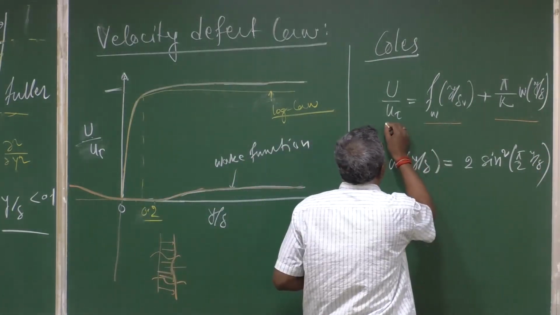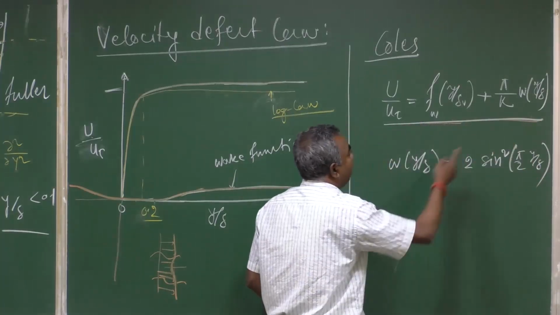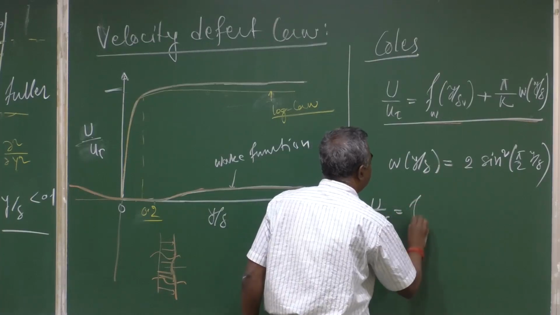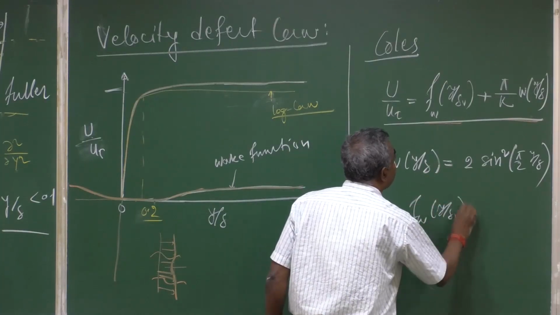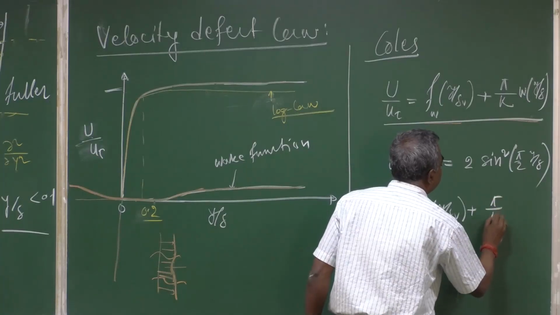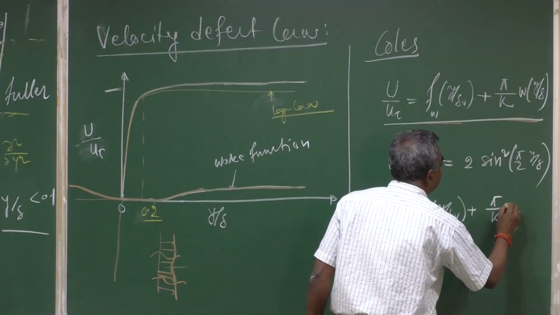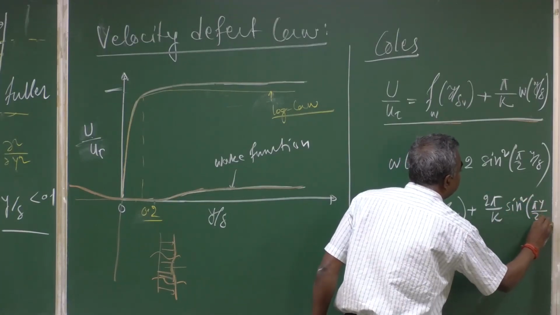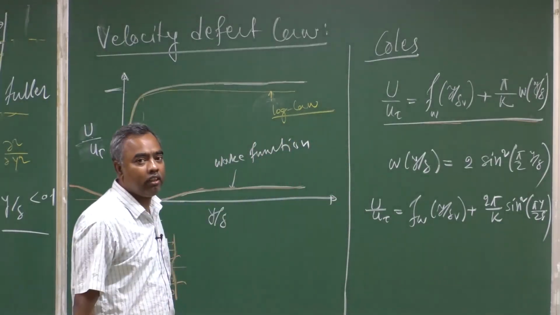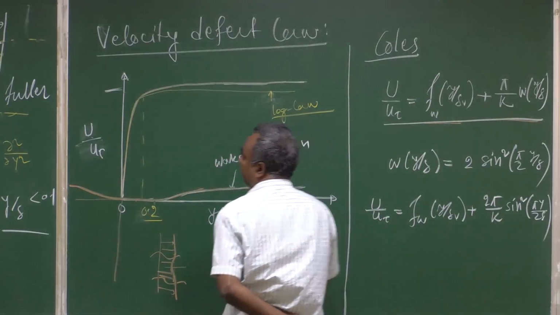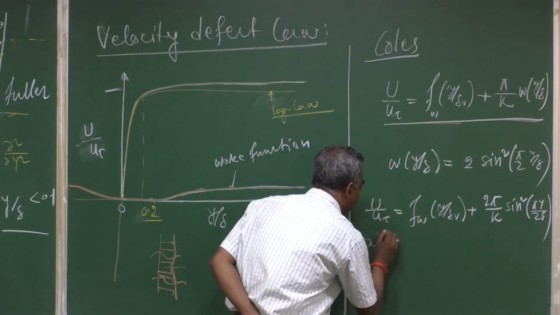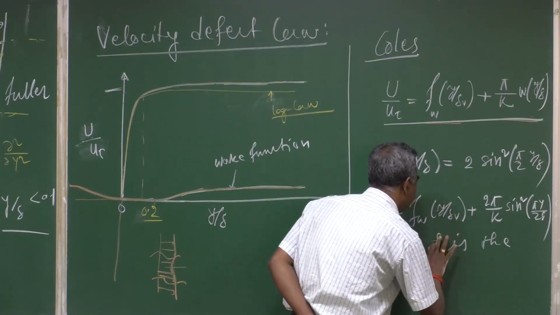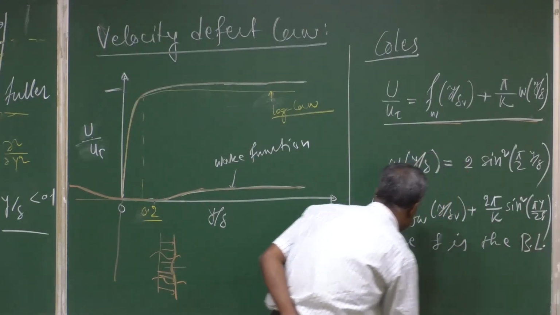So, that means this particular function can be written as u by u tau equals f w of y by delta, plus pi by kappa, 2 sine square pi y by 2 delta. Okay. Delta is the boundary layer thickness. Okay. So, here delta is the BL thickness.